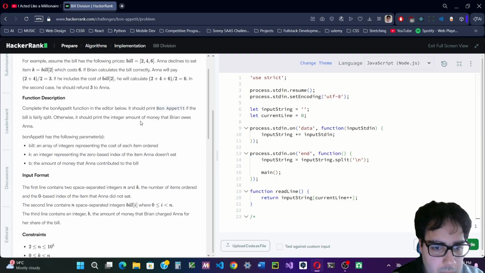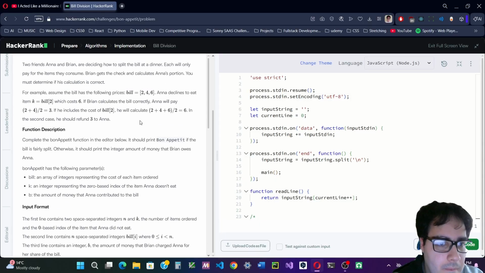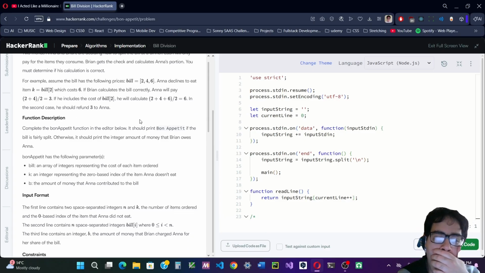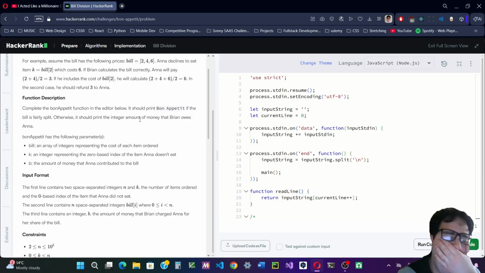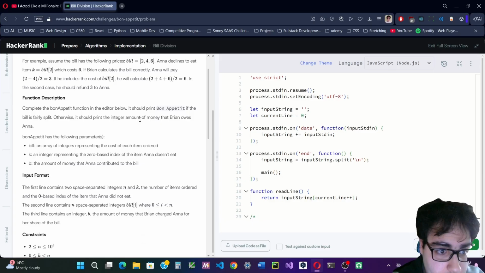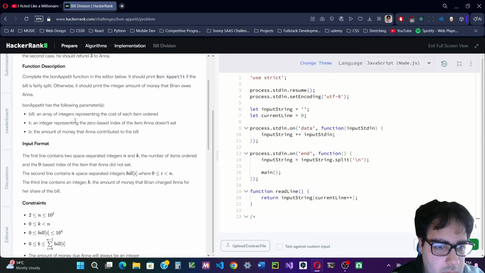Otherwise it should print the integer amount that Brian owes Anna. The function has the following parameters: the integers represent the cost of each item; the integer k represents the zero-based index of the item Anna doesn't eat; and the amount of money that Anna contributed to the bill.